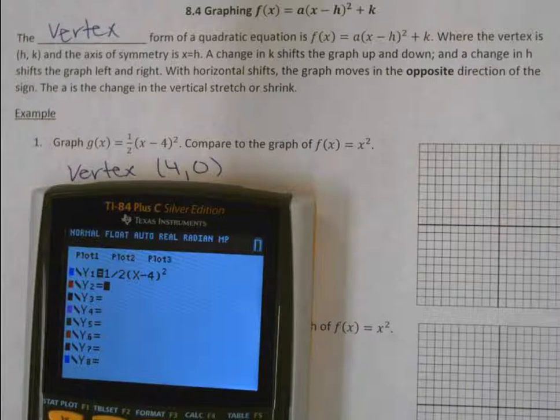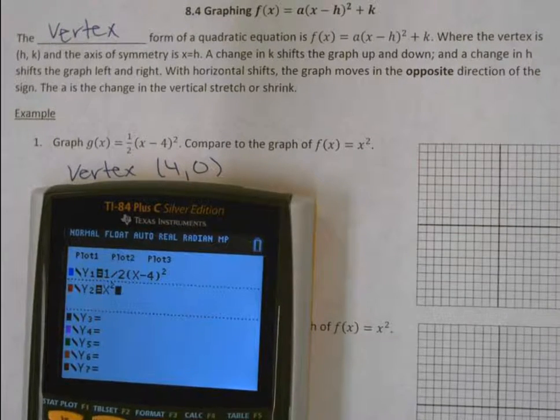And then it also wants me to compare to the graph of x squared, so that's going to be typed into my y2. Okay, then I'm going to press graph.